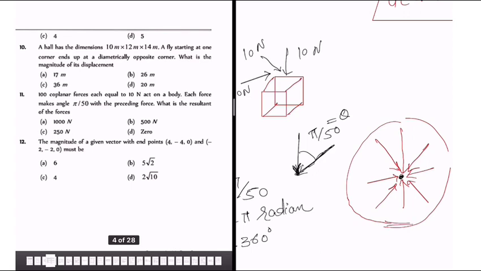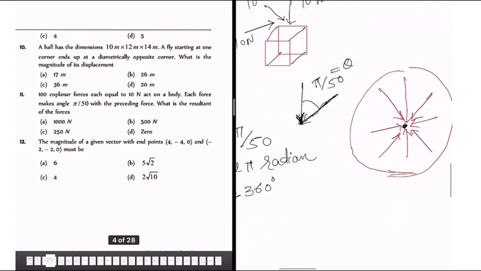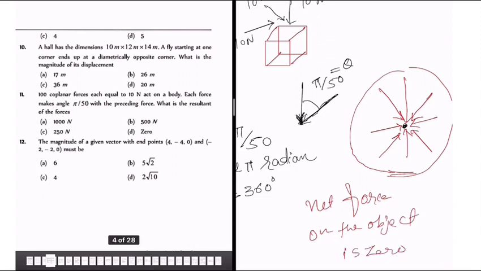So the net force on the object is 0. Why so?